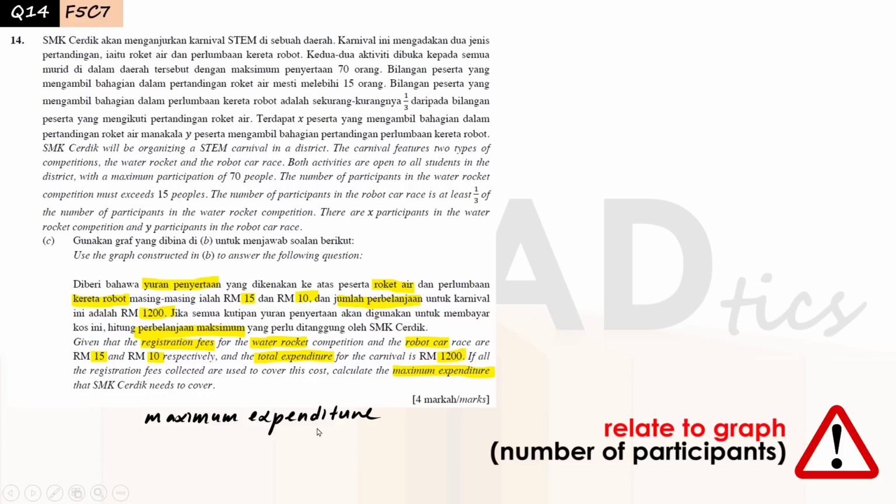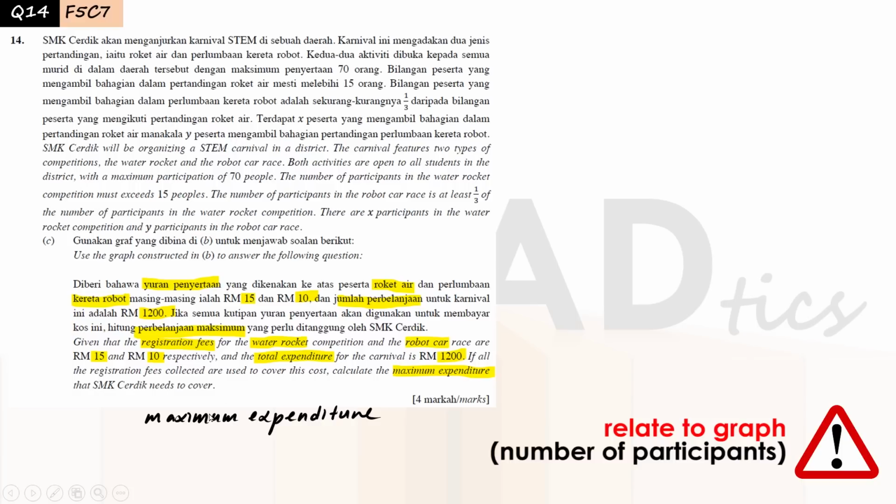Let's say if we imagine we have low cost, this means the registration fees collected would be high, which means the number of participants is high. But since now we need to find the maximum cost, this means there would be a lower amount of registration fees collected, which means a lower number of participants.